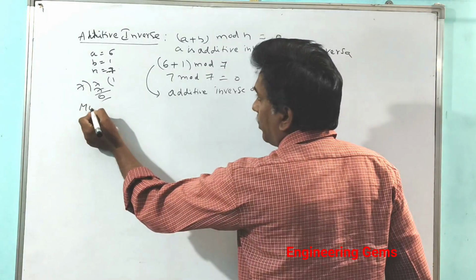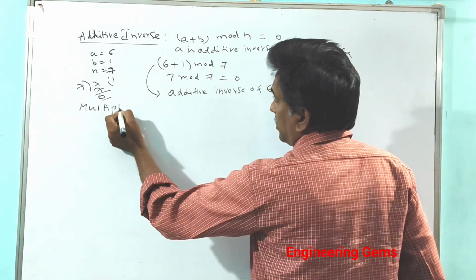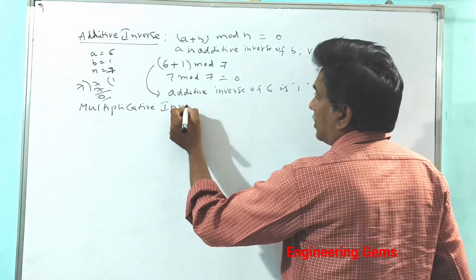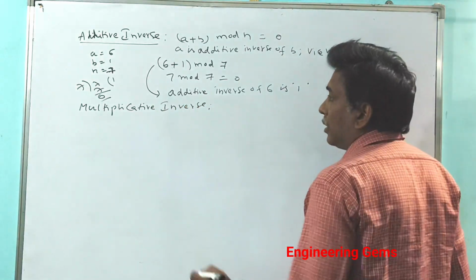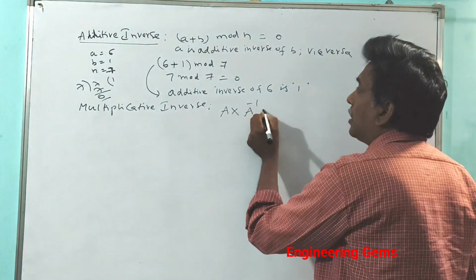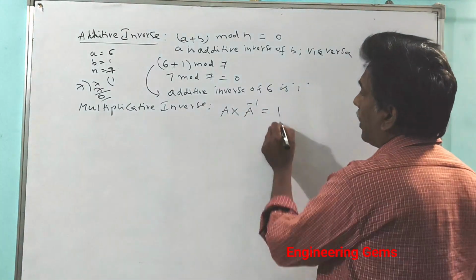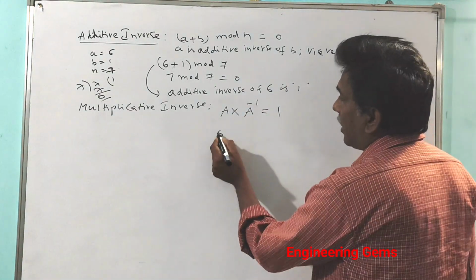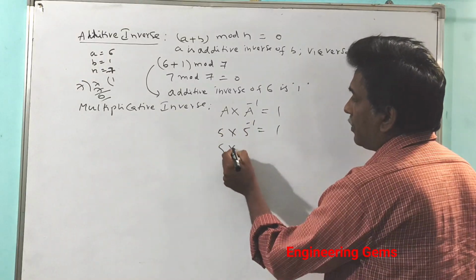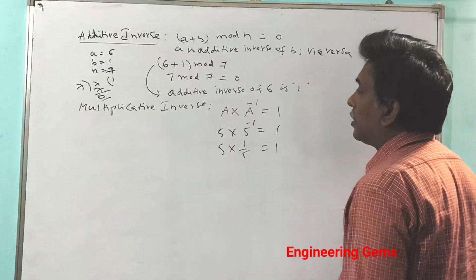Now come to the multiplicative inverse. For example, if you take a into a inverse equals 1, that means 5 into 5 inverse equals 1, or else 5 into 1 by 5 equals 1.